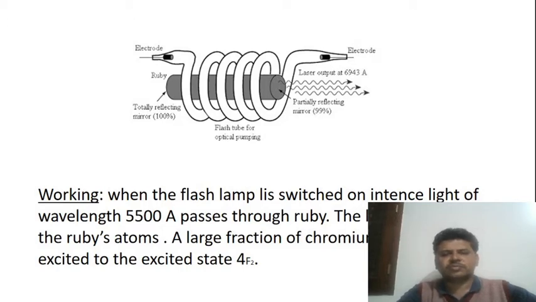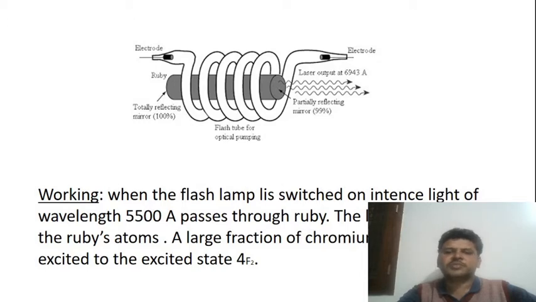Here we know aluminum oxide is one kind of composite material. It undergoes induced absorption and is excited to the excited states. Chromium oxide also interacts with the induced absorption.